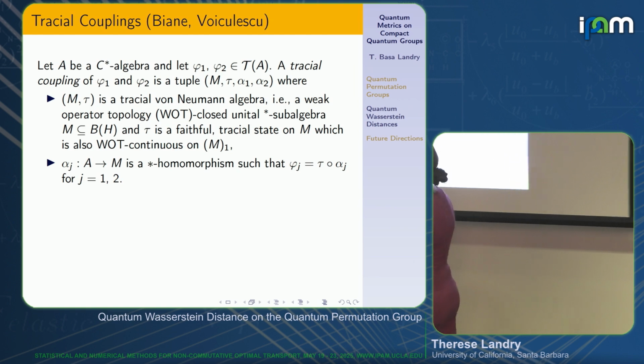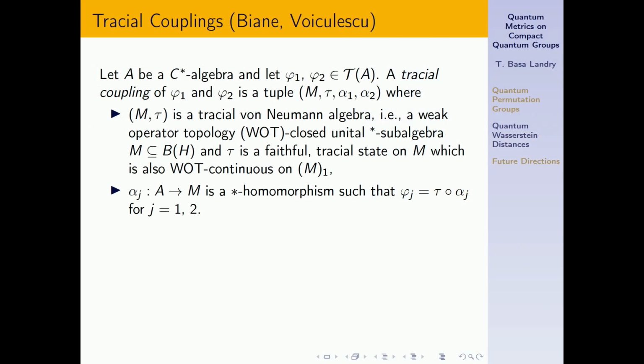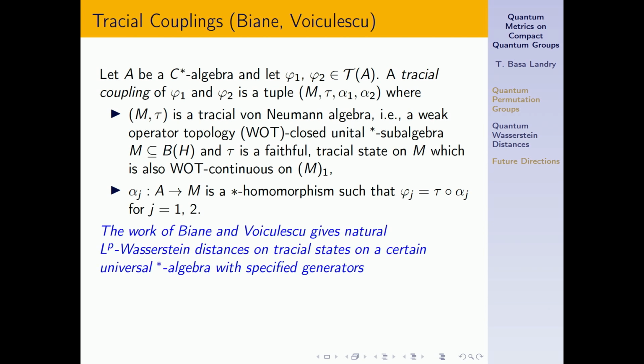The other elements of our coupling involve star homomorphisms so that when we lift to the larger tracial von Neumann algebra, it gives us a way to remember the original traces. We built heavily on the work of Biane and Voiculescu.